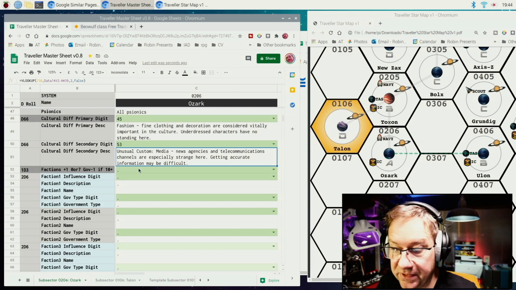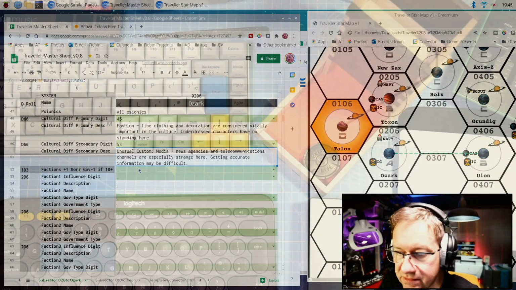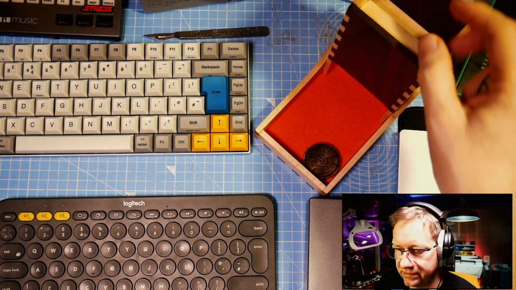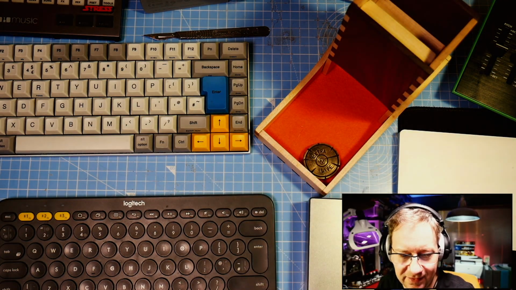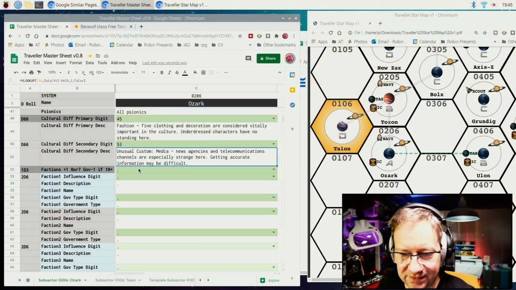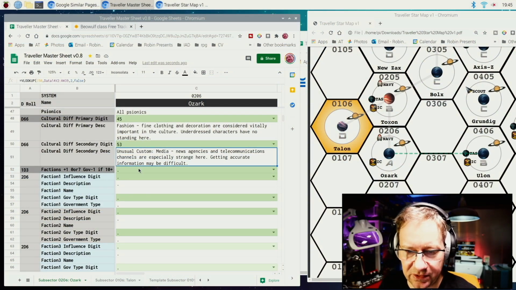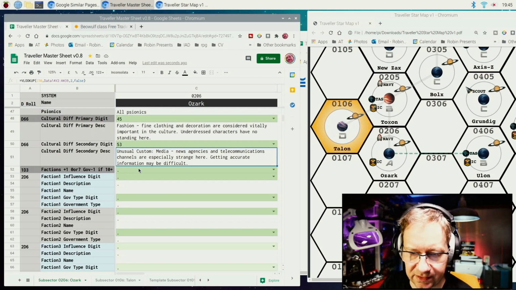So that is a D3, so just roll a D6 for that. So that's a 3. So there's 3 opposing forces. But if the government is 0, 7, or if 10 plus, well, it was 9 plus, wasn't it? So no, it is 3.